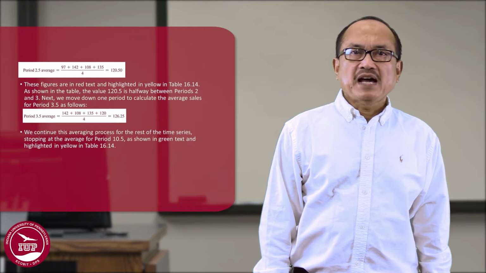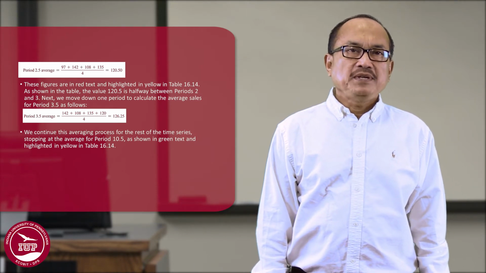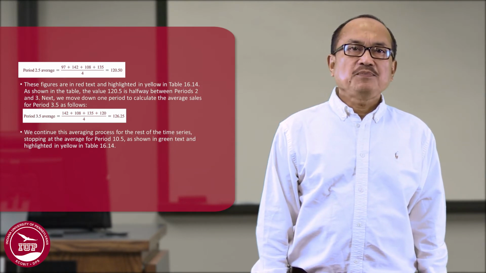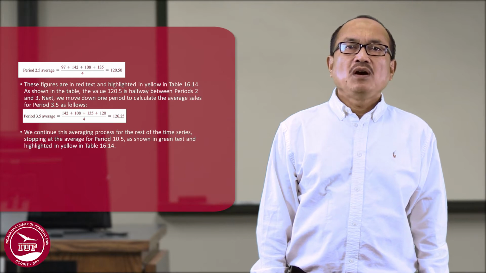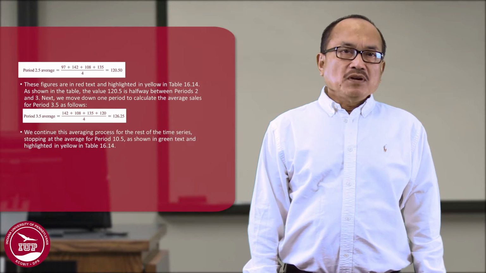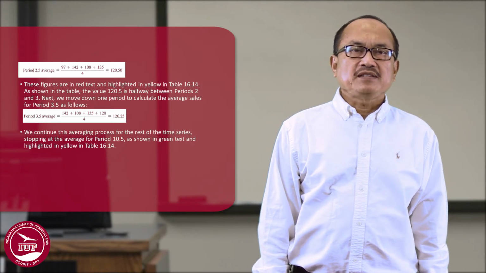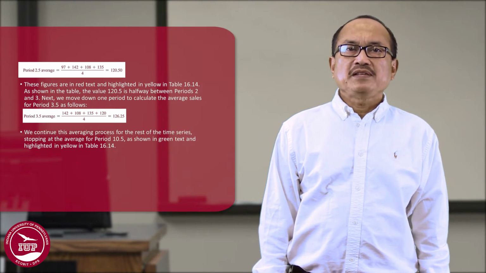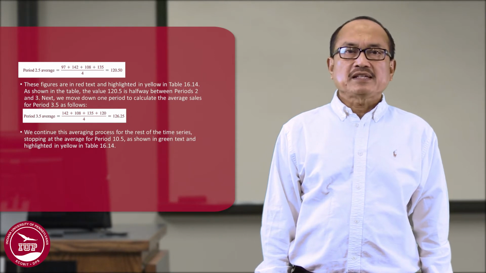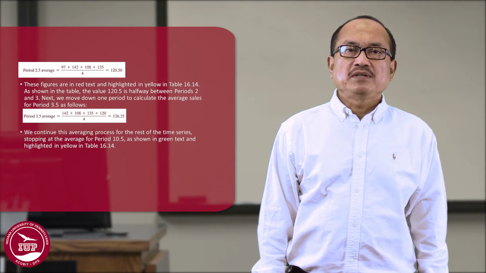Next, we move down one period to calculate the average sales for period 3.5 as follows. Period 3.5 average is equal to 126.25. We continue this averaging process for the rest of the time series, stopping at the average for period 10.5, as shown in green text and highlighted in yellow in table 16.14.